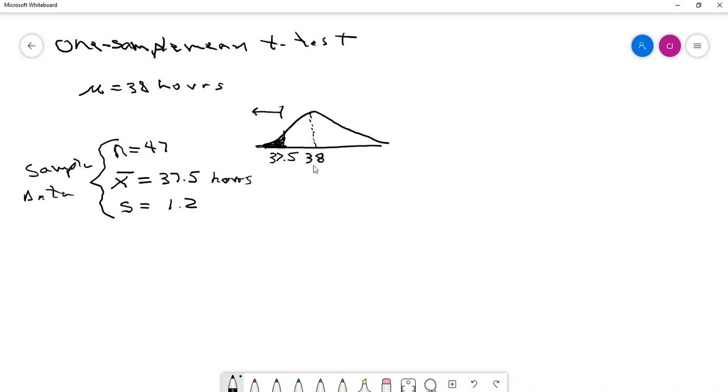So in that case, why do we care? Okay, first of all, why do we care? Well, a one-tailed test has more statistical power than a two-tailed test. In essence, it cuts that p-value in half, because remember, p-value is area under the curve. So this is my critical region, right? I want to know how likely is it that this group of 47 on average got an average of 37.5 or less.